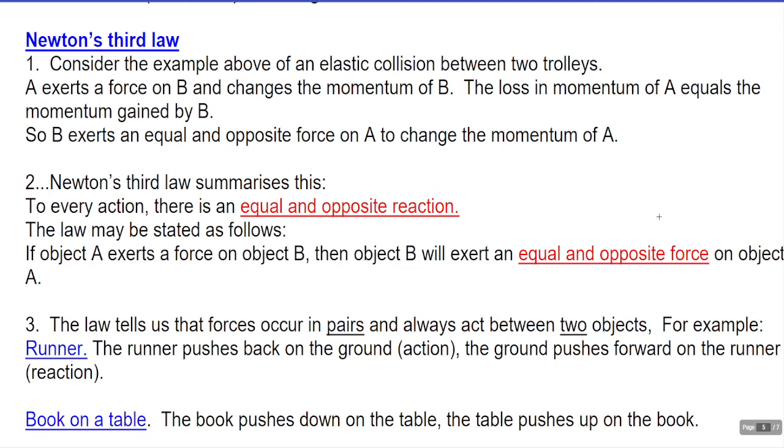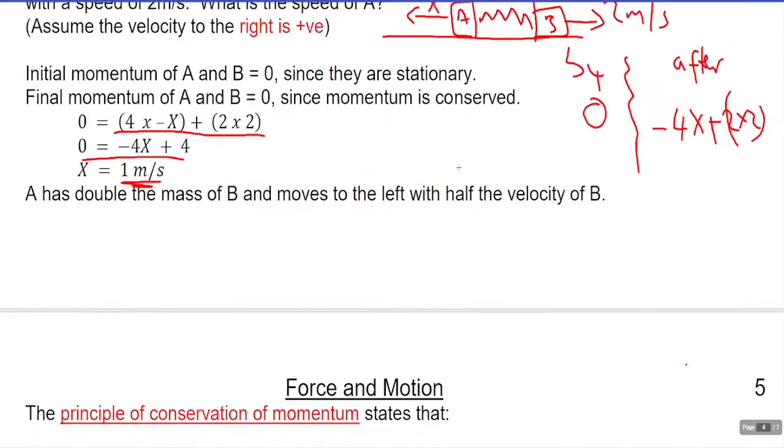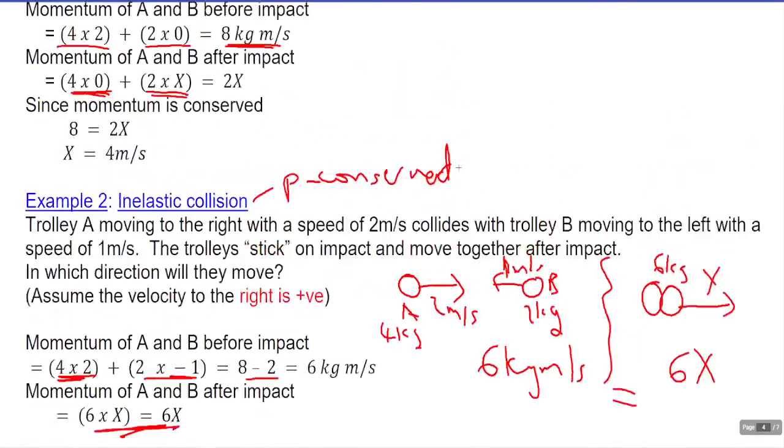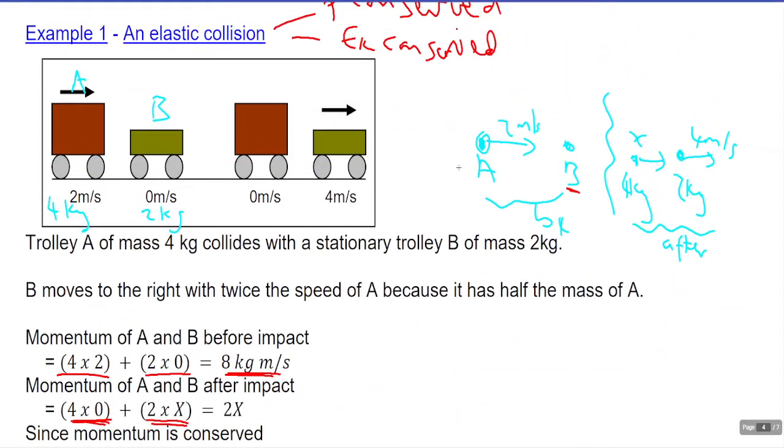Now, if you consider the example of elastic collision that I covered in part 2 video, which is this one here, right? Trolley A exerts a force on trolley B, which was stationary, and then trolley A would come to rest, while trolley B would then move off with twice the speed that trolley A had initially.